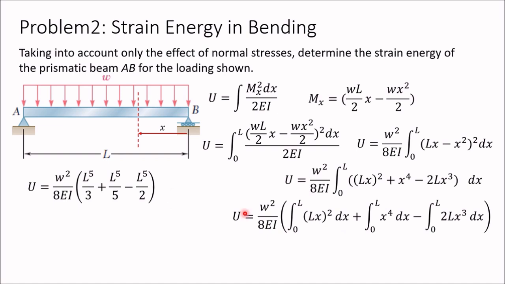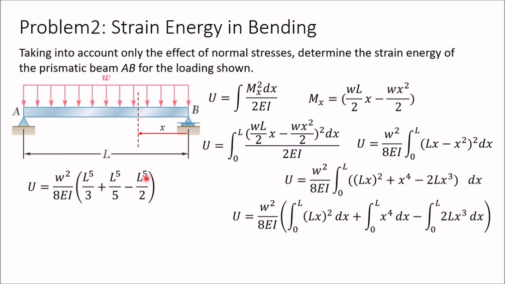If you integrate this, here you can see L² is there and x² integrates to x³ by 3, so x³ becomes L³ by 3. So L³ into L² becomes L⁵ divided by 3, plus L⁵ divided by 5. In the second one, x⁴ integrates to x⁵ by 5, giving L⁵ divided by 5, minus the third term, where x³ integrates to x⁴ by 4, so with 2L in the numerator it becomes L⁵ divided by 2.